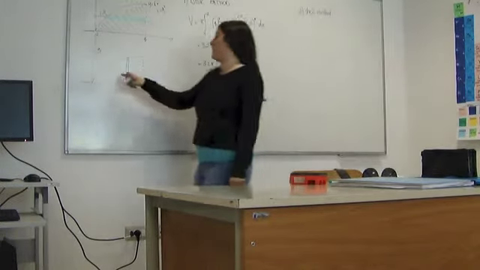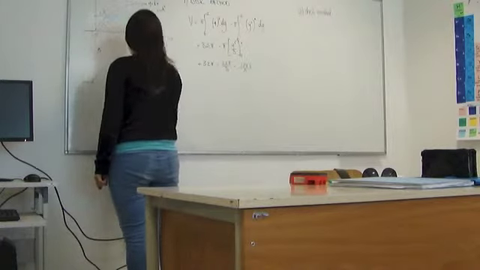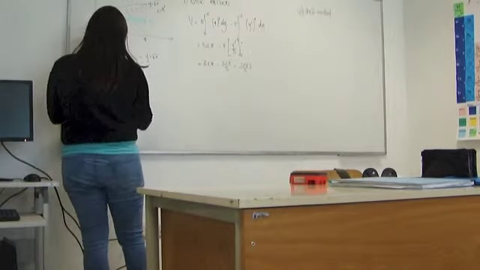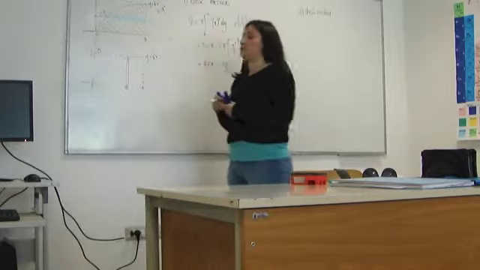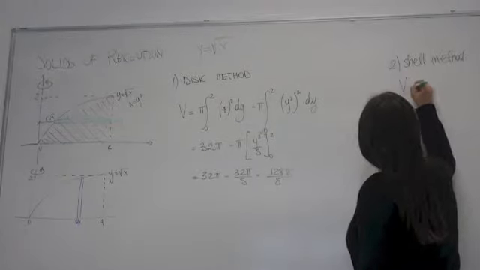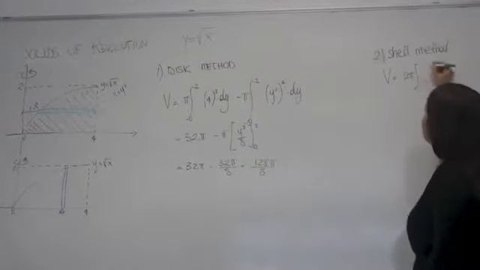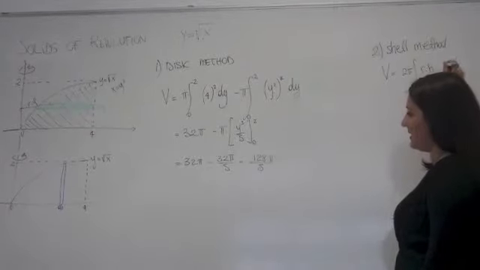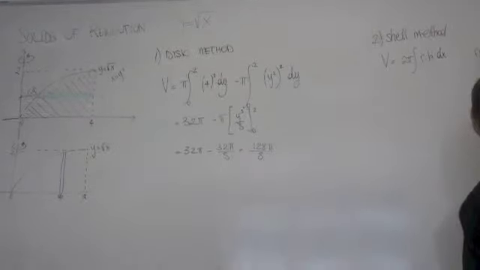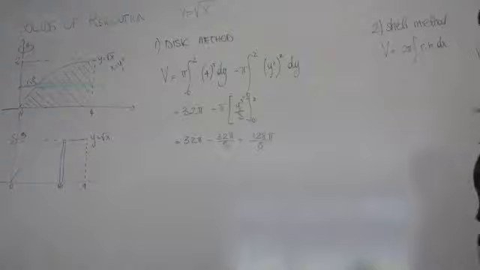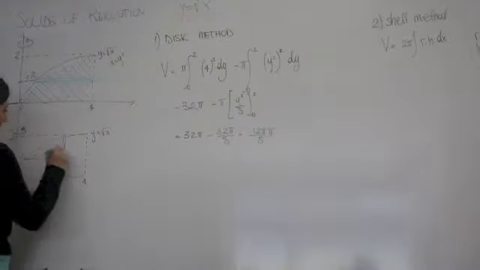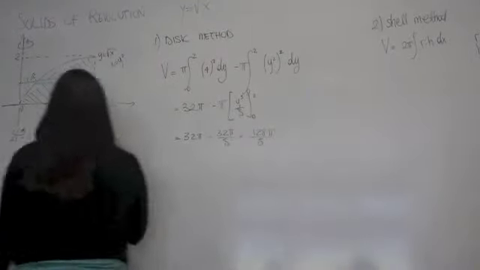Now, if we do it this way, the formula is 2 pi r h dx in this case, and R is this, and H is that.